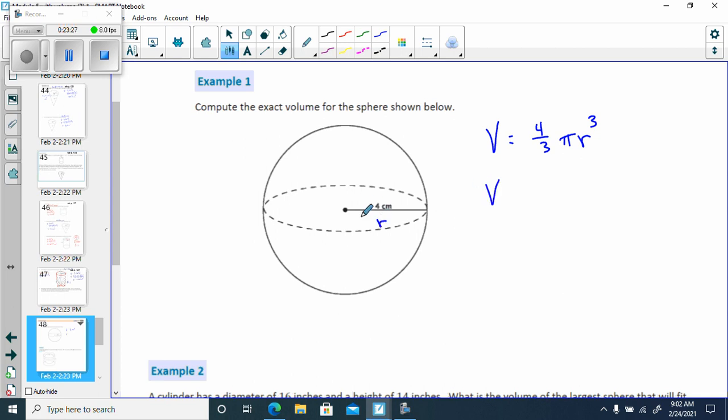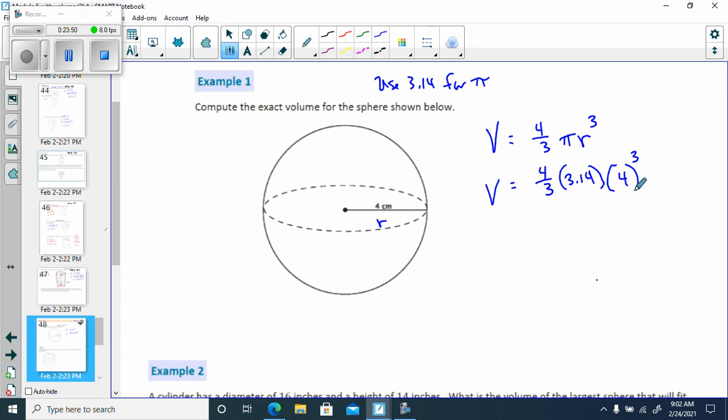This one is our radius because it's halfway across. The answer would be 4/3. And in this case, I'm going to say use 3.14 for pi. 4/3 times 3.14. And our radius is 4, cubed. That means 4 raised to the 3rd power.